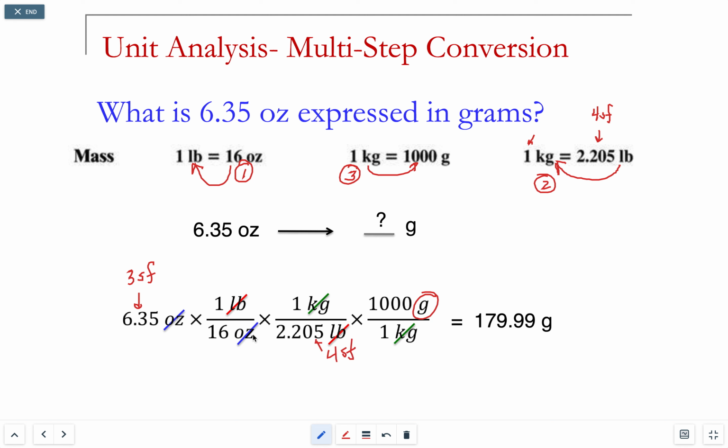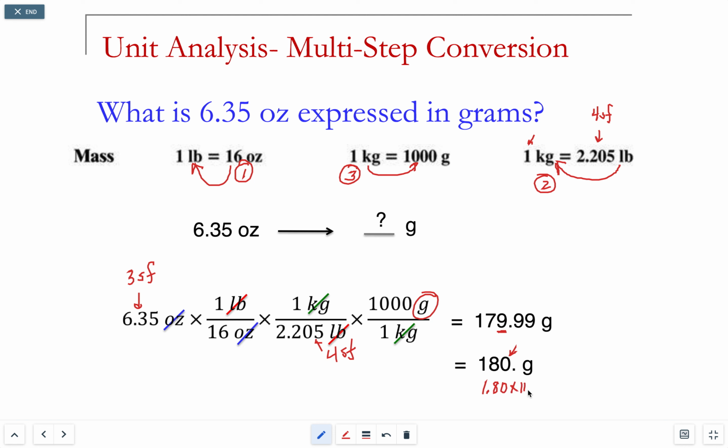We're doing multiplication throughout, so our product and division rule states that whichever of these 2 has the fewest significant figures is how many we want to round this to. So we want to round this digit here. So we want to round up to 180 with a dot after it. That makes this significant. So we have 3 significant figures, or you could write it as scientific notation.